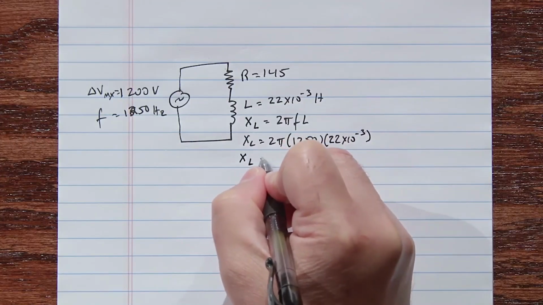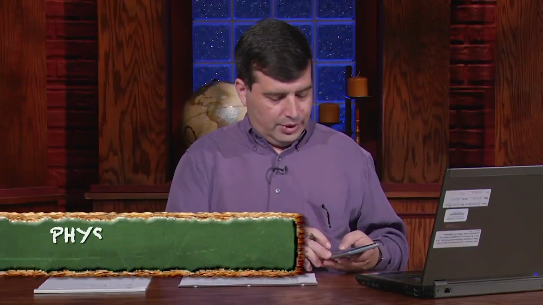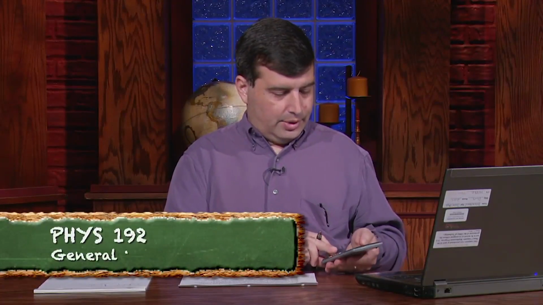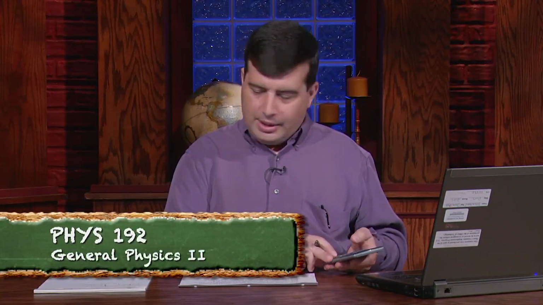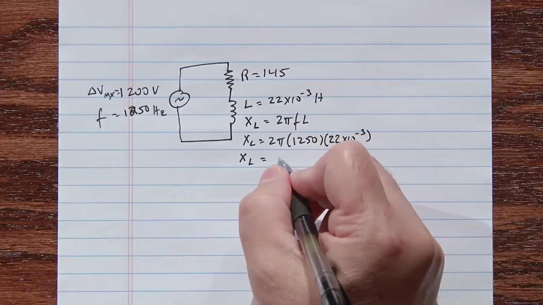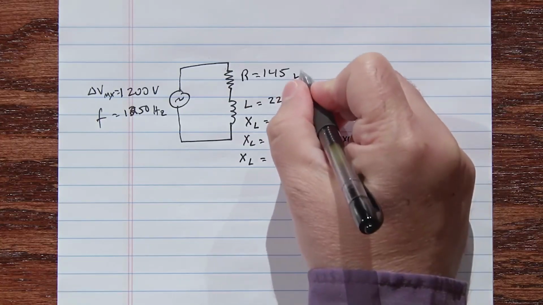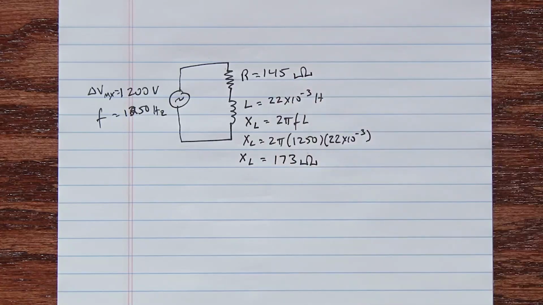So the inductive reactance is 2 times pi times 1,250 times 22 times 10 to the minus 3. That gives us 173 ohms. I forgot my ohms up here as well. So the inductive reactance is 173 ohms.